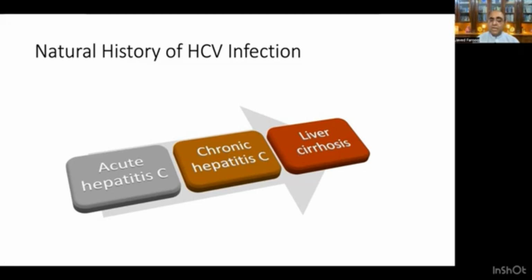So what percentage of patients proceed from acute hepatitis C to chronic, what number progress from chronic hepatitis C to liver cirrhosis, and what are the factors? We shall discuss this in this video.